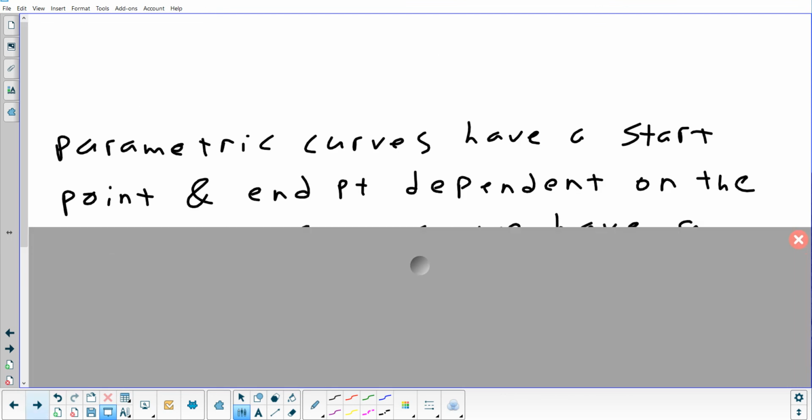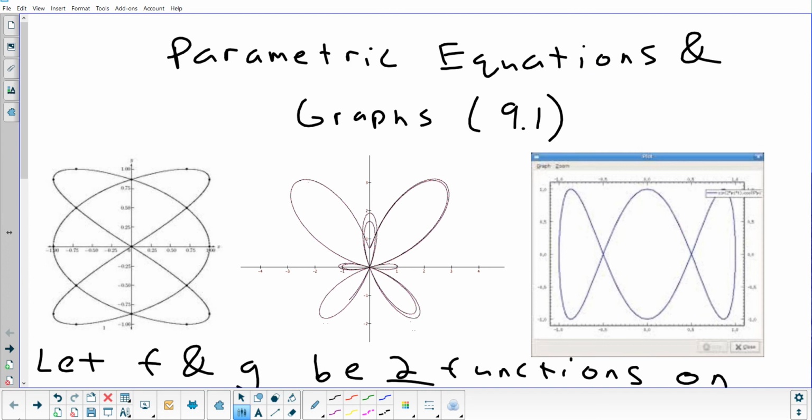Now, what's a little bit different about the graph of a parametric equation is it has a start and an end point. Right? It's not necessarily like the graph of sine that would go on forever. Usually parametric equations start somewhere and they stop somewhere. Now, the start and stop point can be hard to see if they're the same.